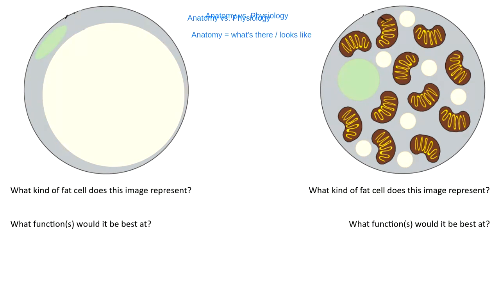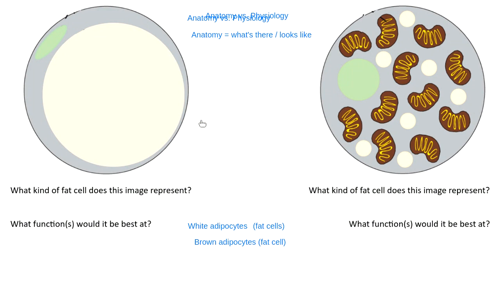white, or let's give the technical name, white adipocytes, and we have brown adipocytes. That adipocyte word is the fancy word for fat cell. So I've got white fat cells and I've got brown fat cells. I can tell from looking at the pictures of these two cells that they definitely don't look the same.